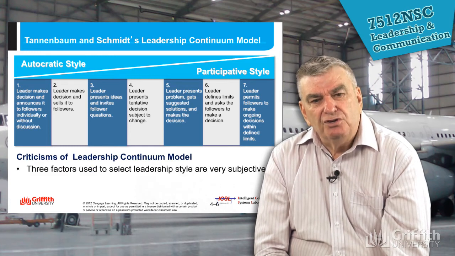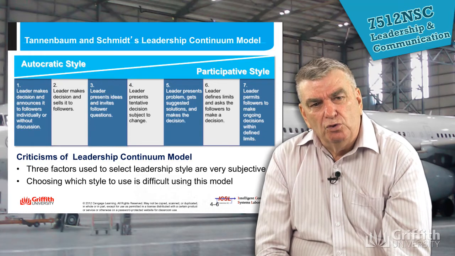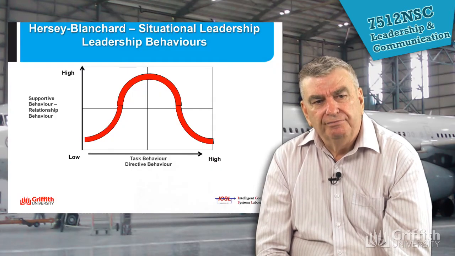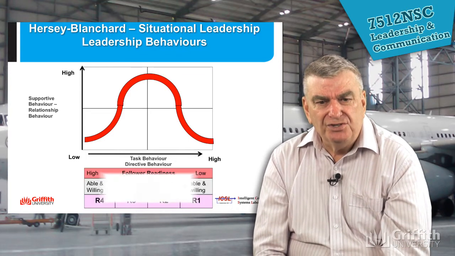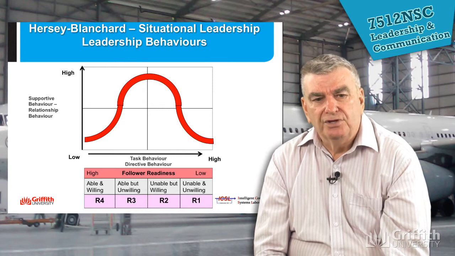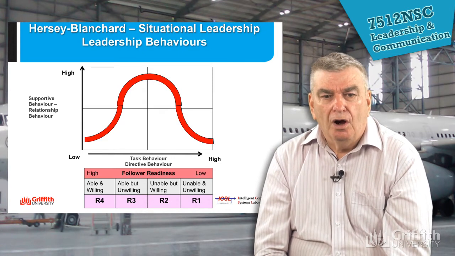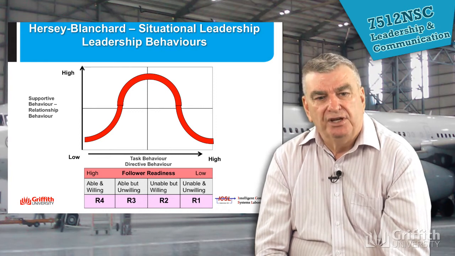It's got some criticisms, and the one thing is that it's very subjective, and that's what we'll spend more time on in the actual lecture itself. We come to the Hersey Blanchard model. This is a really popular one, and basically this takes a look at, first of all, the followers themselves, and what are their abilities? Are they able or unable at a particular task?